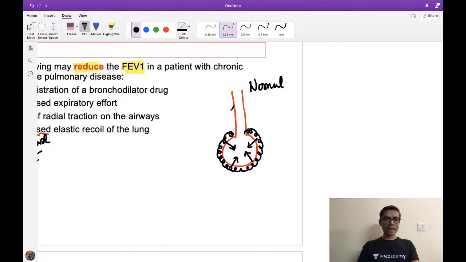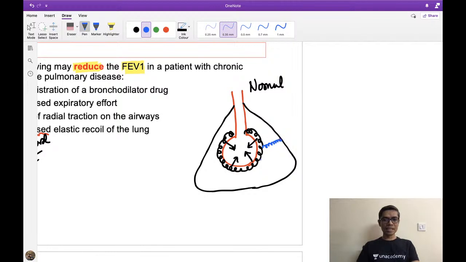This elastic tissue surrounding the alveoli is also connected with the visceral pleura by some interconnecting septa. So these are nothing but the elastic septum. So this is a normal person.